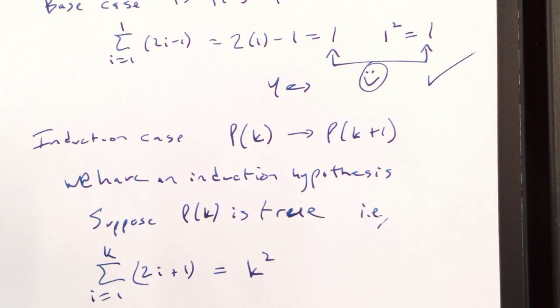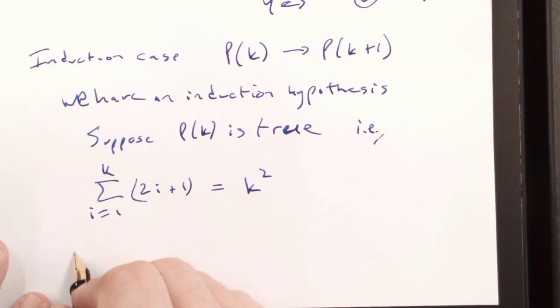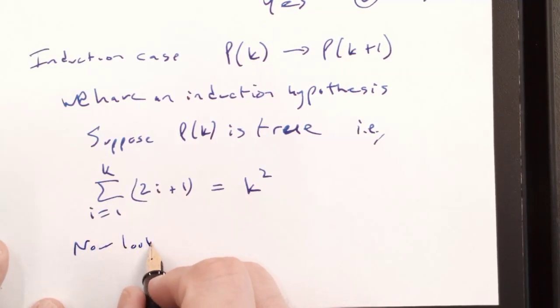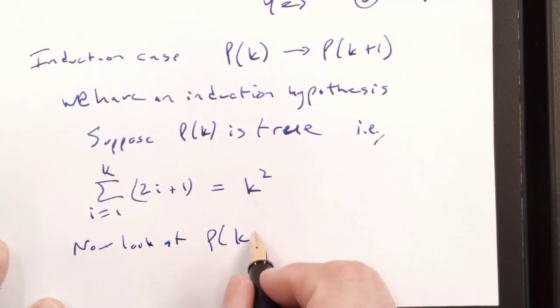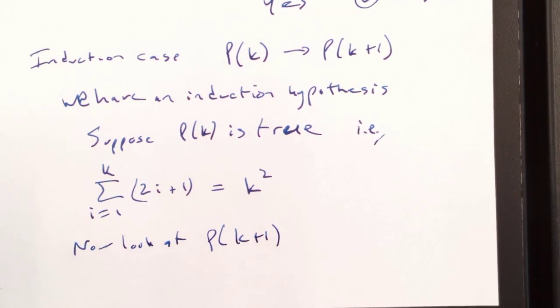Without this hypothesis, I'm going to have a problem. I won't be able to figure out how to get to the next one. So now I need to start looking at P of K plus 1. I'm going to do this as a direct proof.